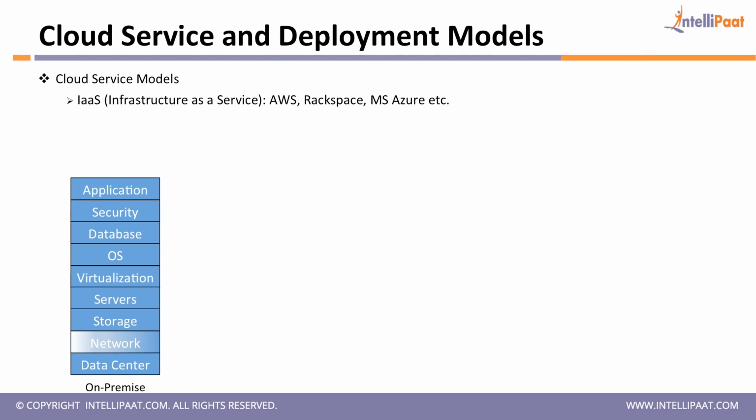When we say storage, we go to shops and buy physical storage, and then we buy boxes to create servers using storage and network and CPU and RAM. Then using those servers, we can create a virtualized environment. On top of it, we install operating system, database, security, and application. These are all the software part. From virtualization above, everything is software, but below that, everything is hardware. That's the infrastructure on which our IT runs.